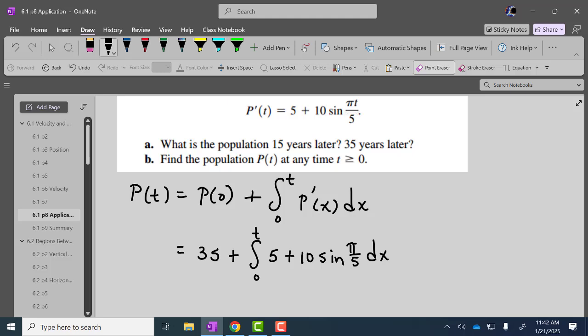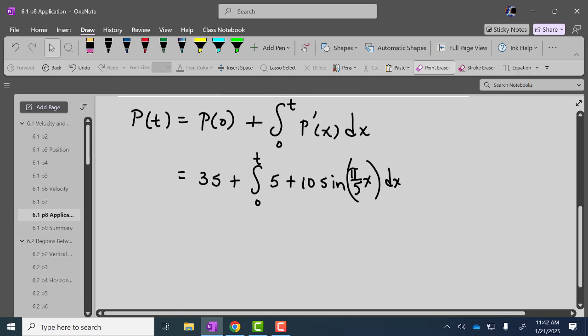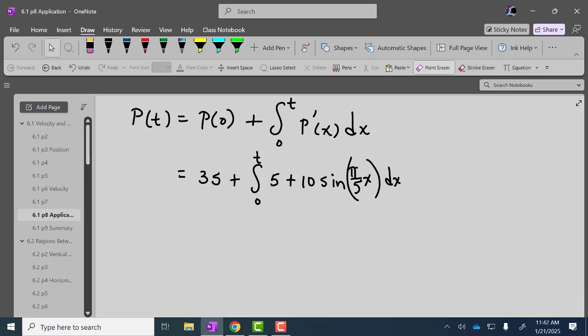So I'm going to put an x in here, put parentheses just to distinguish it as the angle. So we have that. All right, so pi x over 5, that's a linear function. You can think of it as pi over 5 times x, or pi x over 5, same thing. When you're differentiating, it's easier if that coefficient is positioned out in front.